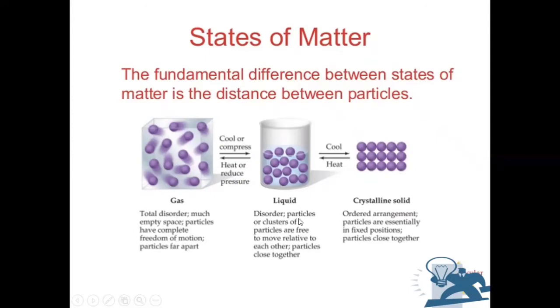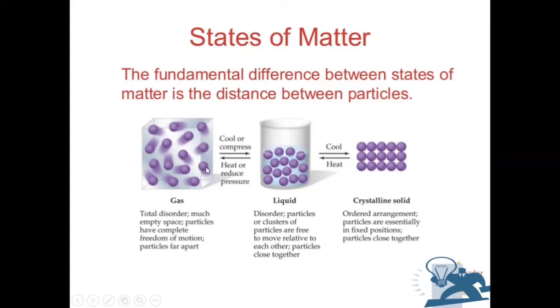In liquid, disordered particles or clusters of particles are free to move relative to each other, but the particles are close together. However, in solid, ordered arrangement, particles are essentially in fixed position, particles close together.